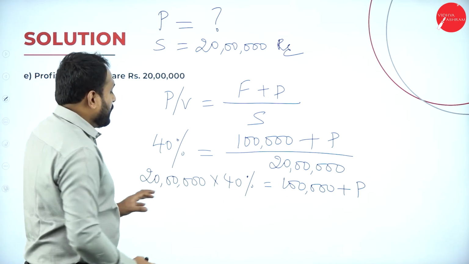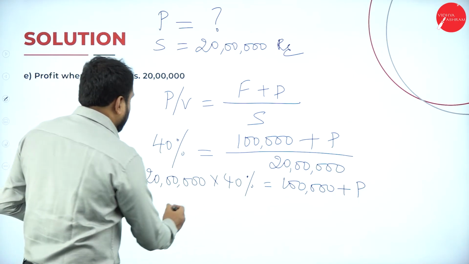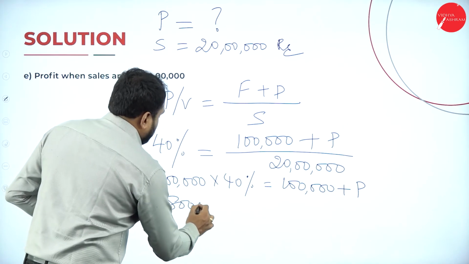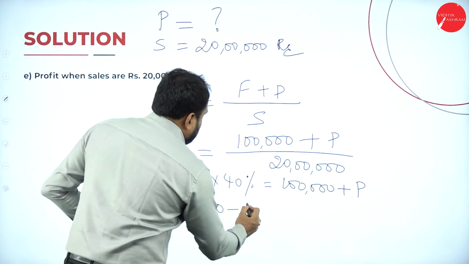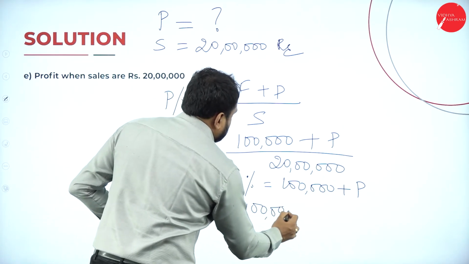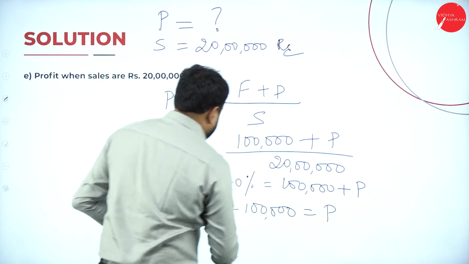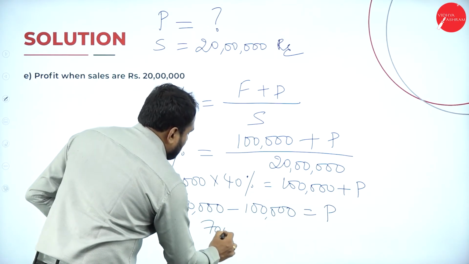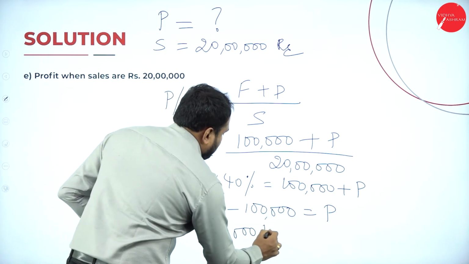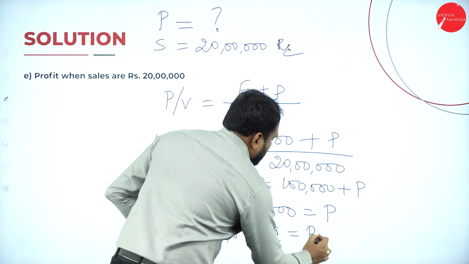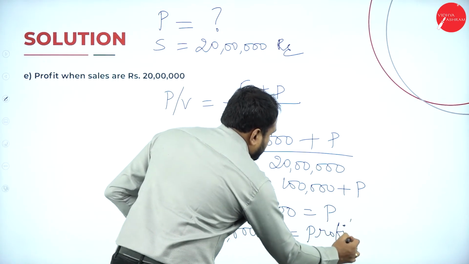So 20 lakh into 40% is 8 lakh. Minus 1 lakh is equal to profit. So it is 7 lakh rupees is equal to profit.